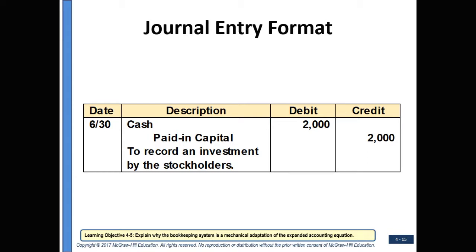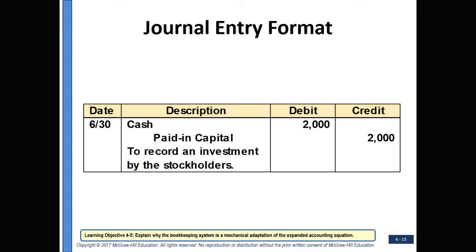So the rules for journal entries are: You have to have a reference date for every transaction. The general journal is a chronological recording of all the economic events that impacted an organization. Debits are recorded first, and credits are indented and recorded after debits.